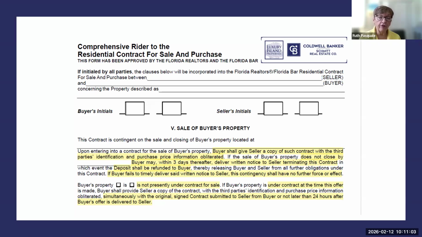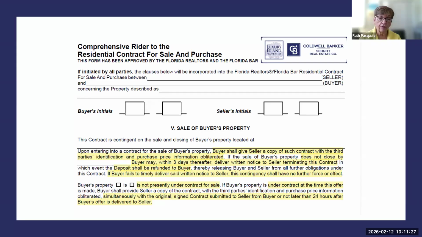So if you were a seller and you received an offer and you had this contingency, what would your thought be if the buyer's property is not under contract? If you were in the seller's position? I wouldn't suggest they do it.